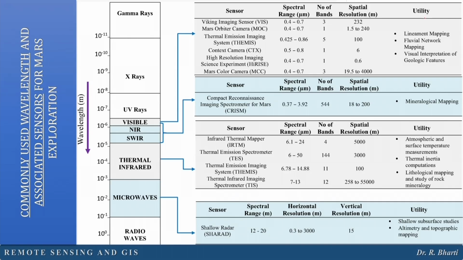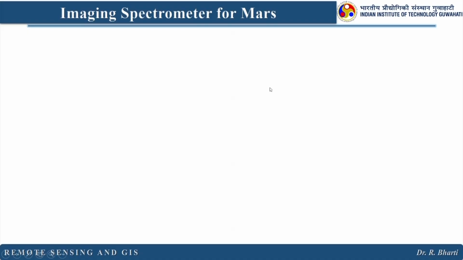So, we always start with our application, then we look for the wavelength in which we want to work and which is beneficial to solve our purpose, and then we look for which datasets are available for our studies. This is how we decide the data for our application. That was related to all the datasets available for Martian studies.